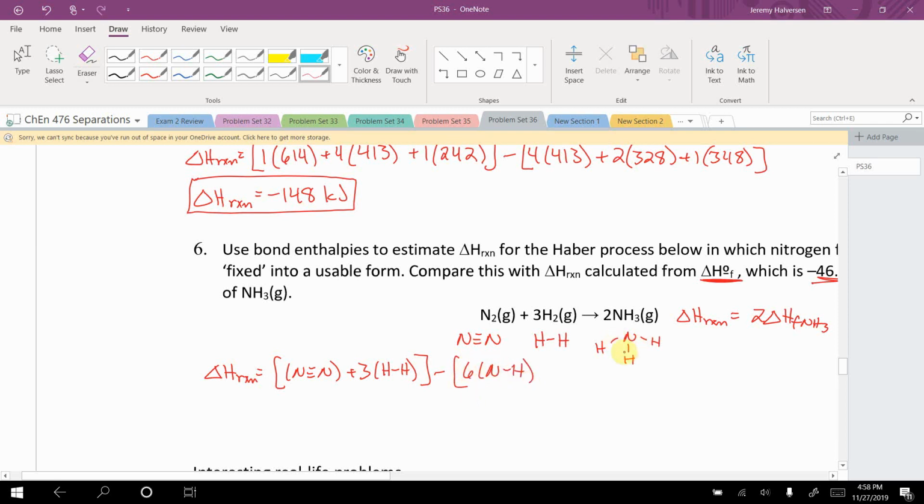Why? Because I've got 3 here and 2 NH3s. All right, the triple bond is 941, HH is 436, NH looks like it's 391.